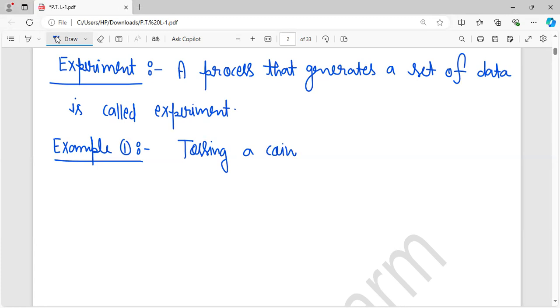When we toss a coin, it has two aspects. Either you will get H as head, or T means tail.